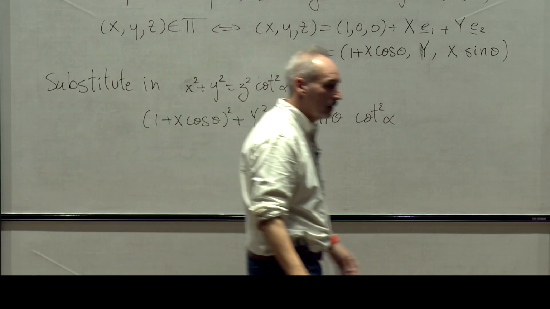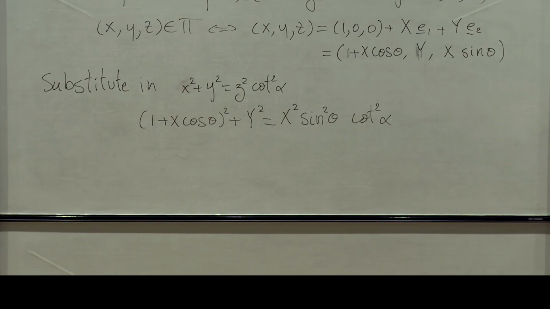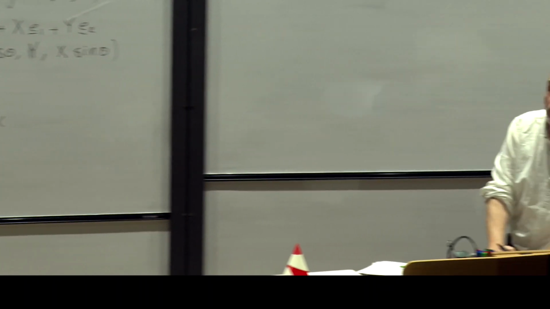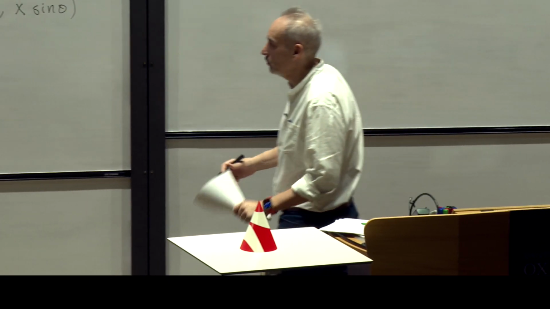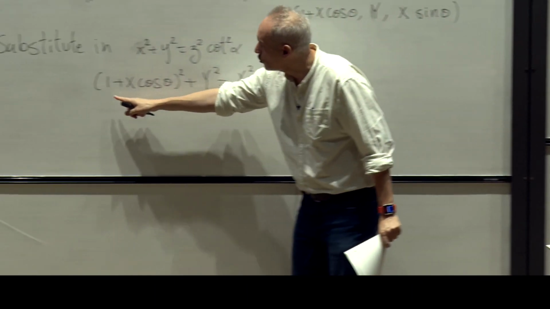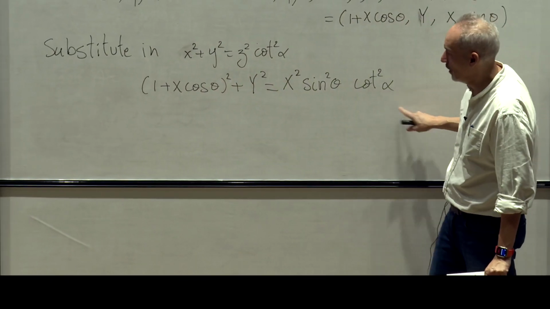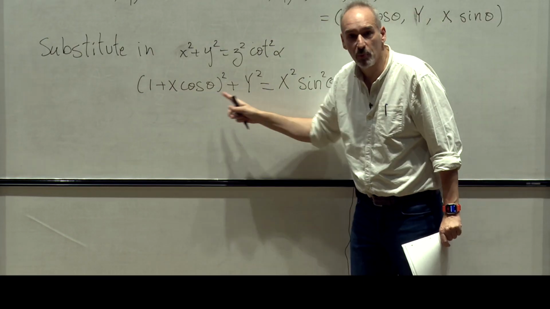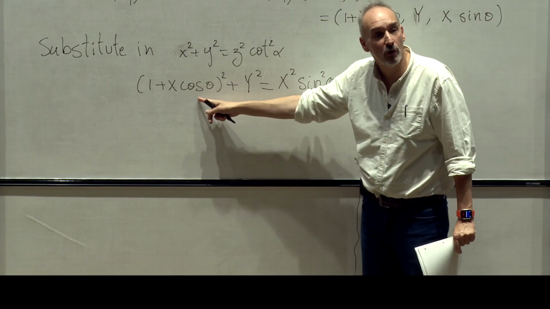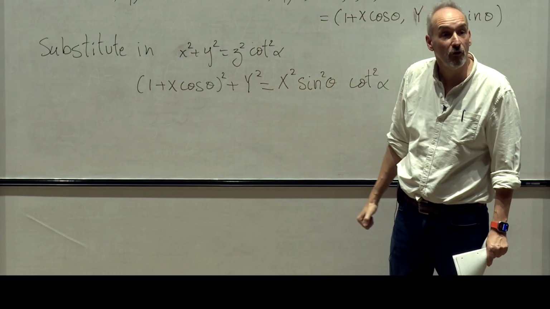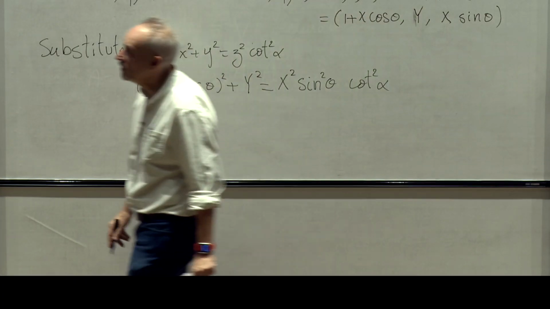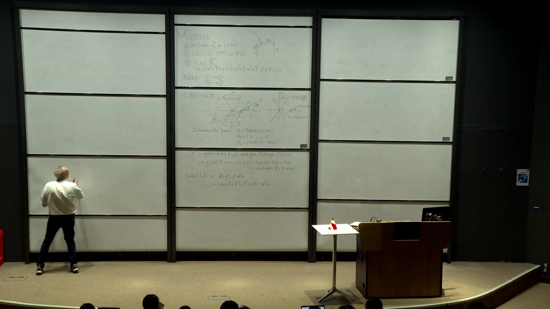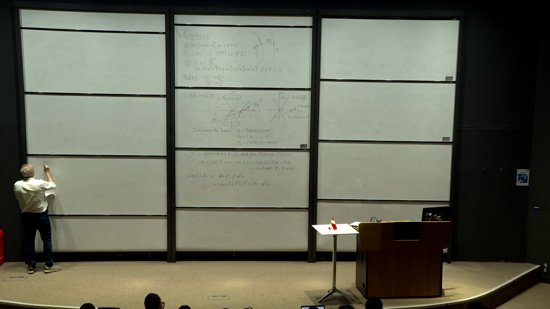So same game that we played yesterday, and we're going to play again a few times more today. We want to transform this. Now, this is an equation for a set of points in the xy plane, and we want to transform that to one of the normal forms of conics that we found by the second method.